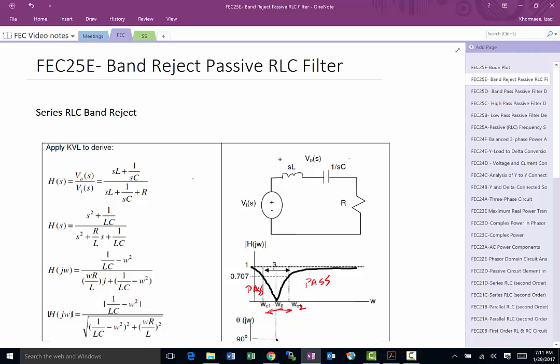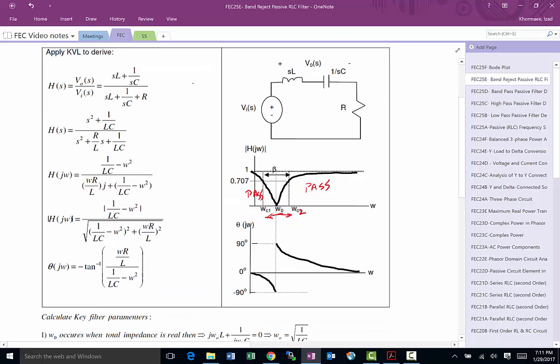Of course, omega C2 minus omega C1 is referred to as the bandwidth for this filter. And omega 0 is where you will have literally no impedance across here. When that happens, this is going to be the lowest output you're going to see, where almost everything is gone. As we've talked about before, the magnitude of H of S is 1 over square root of 2 times H max.